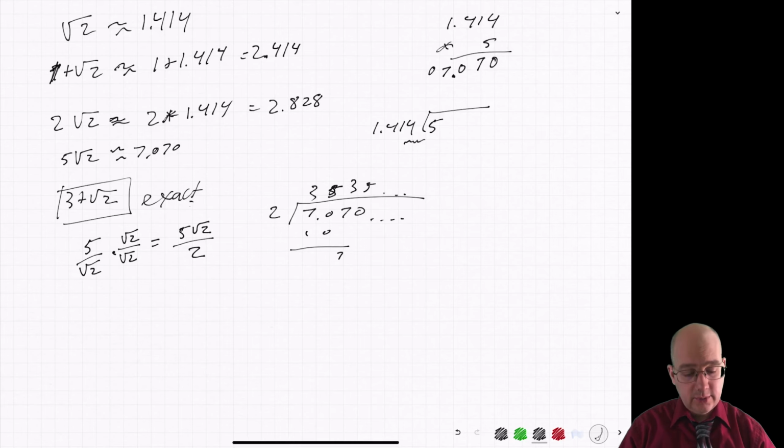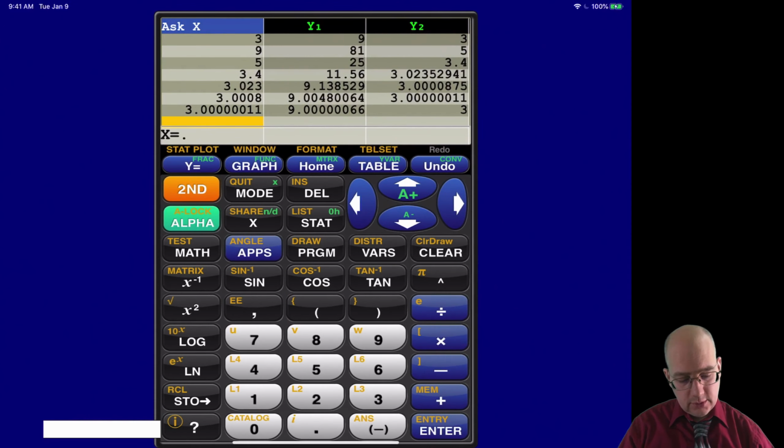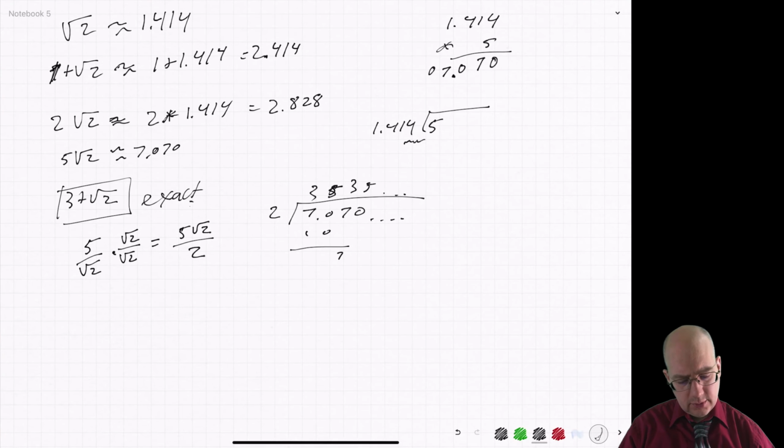And if you want to increase the number of digits, increase the approximation of square root 2, then multiply that by 5, and then do the division by 2. You can just kind of add on, right?